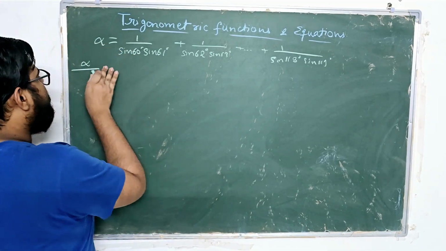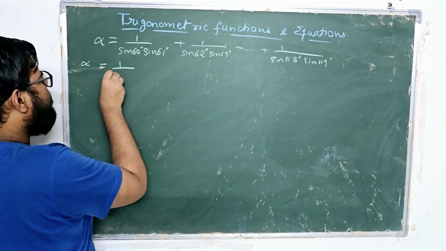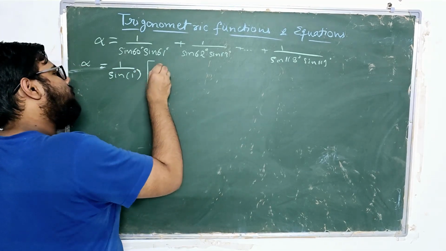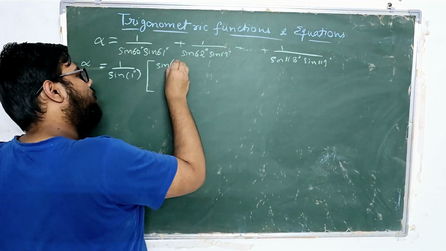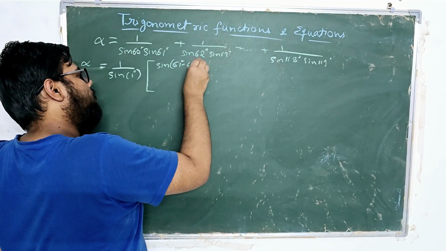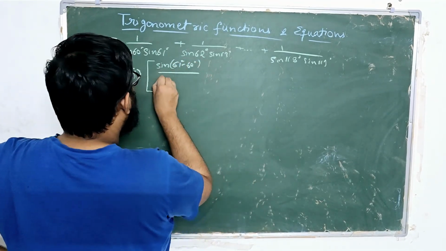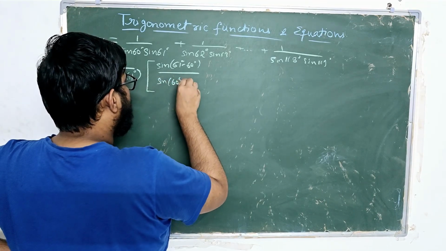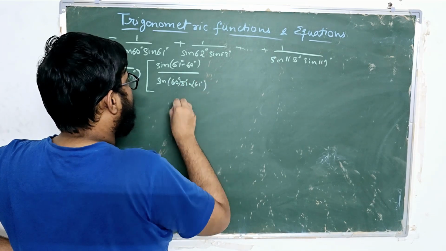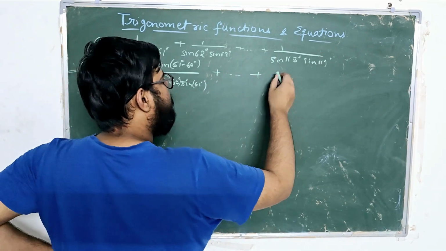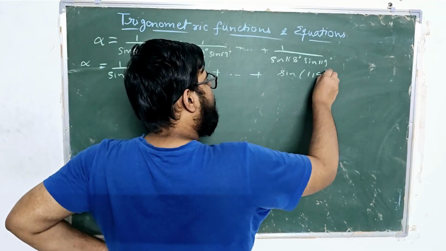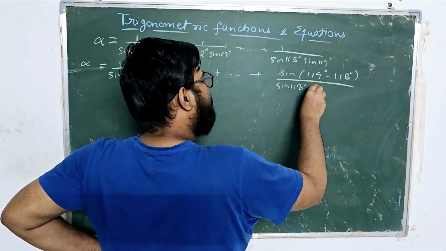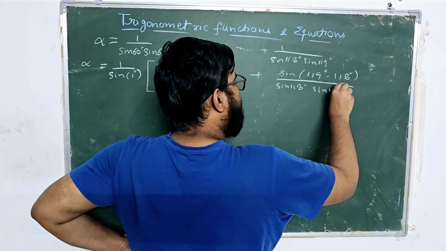So what you can do is that you can divide by 1 upon sine of 1 degree, and sine of 1 degree can be written as sine of (61 degree minus 60 degree) over sine 60 into sine 61, and so on and so forth till sine of (119 degree minus 118 degree) divided by sine of 118 degree into sine of 119 degree.